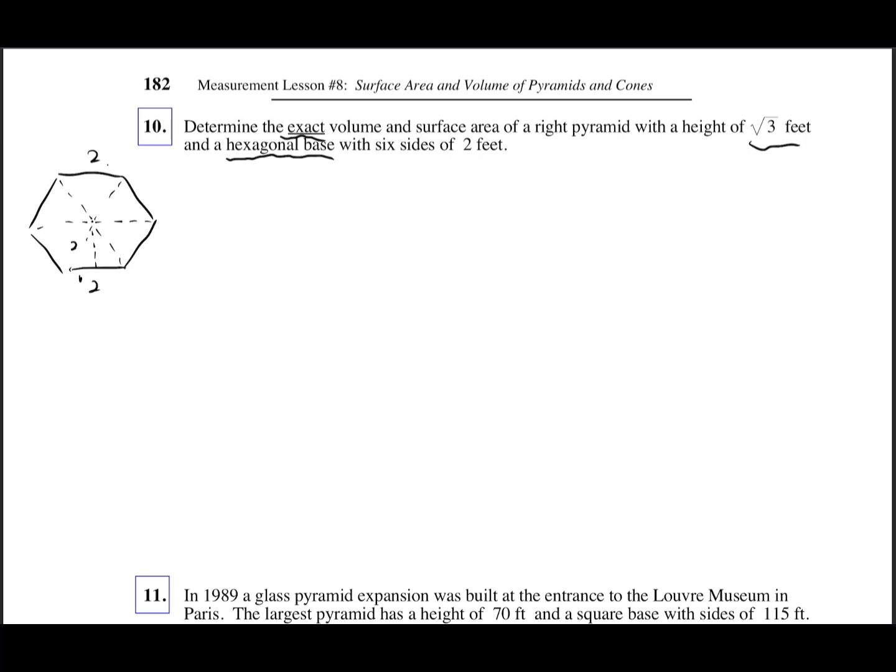This one is similar to the example in the class. We need to find the base area first.